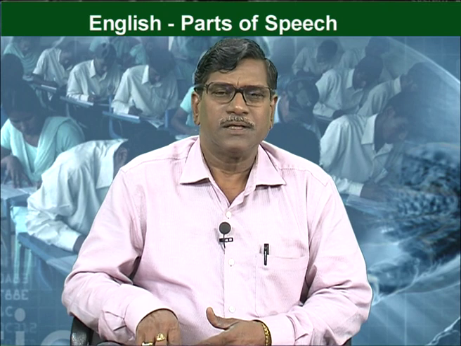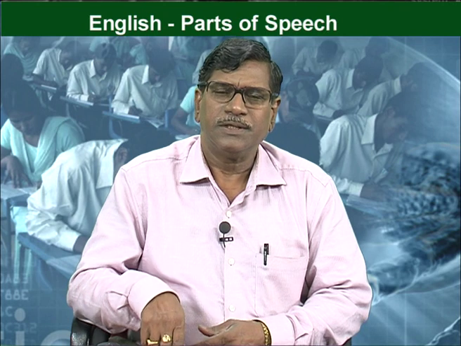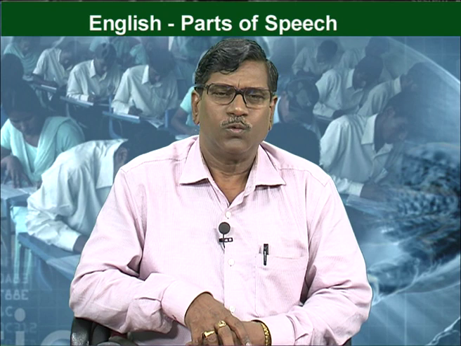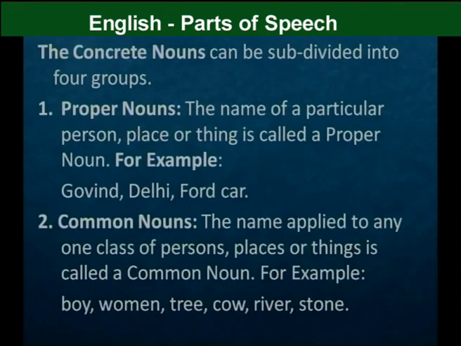And the concrete nouns, which we can see and touch, are divided into 4 groups. 1. Proper nouns. The name of a particular person, place or thing is called a proper noun. For instance, Govind, Delhi, Ford car.